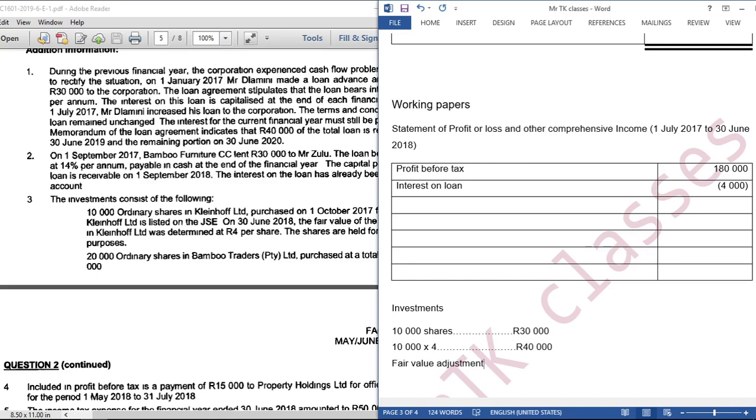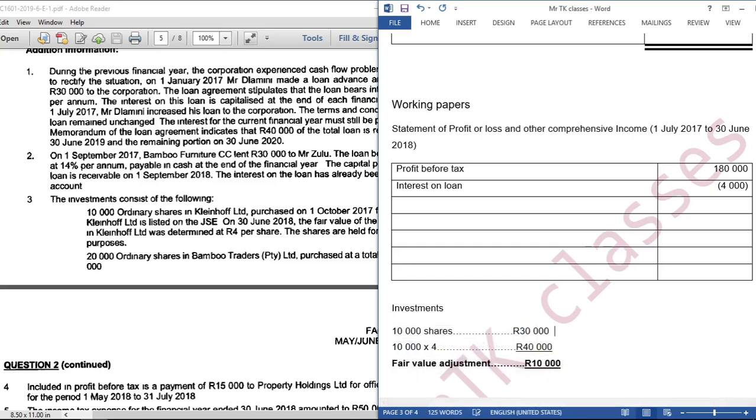These shares appreciated with, 40,000 subtract 30,000, we get 10,000 rands. They appreciated with 10,000 rands. This is our fair value adjustment.